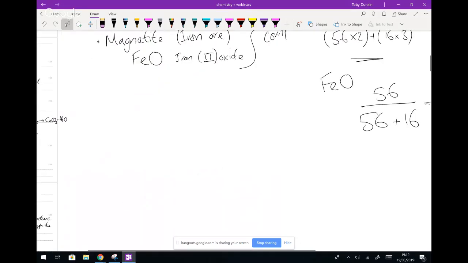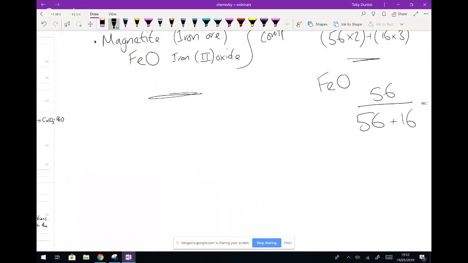Okay, other ores that you pick up. Other ones of super importance. Malachite. Most people will recognize this from my lesson, partly because I pronounce it slightly differently. Malachite is a copper ore, and copper carbonate is the chemical compound.